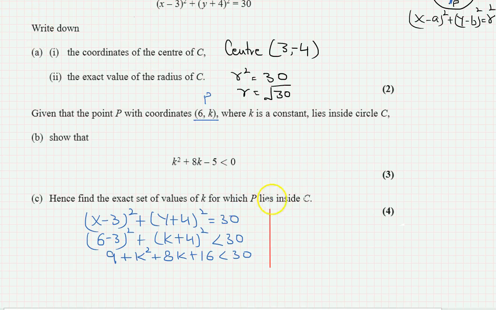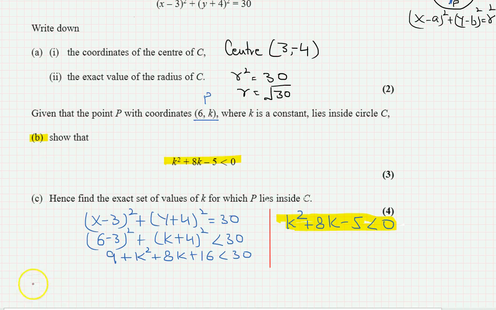So we have k squared plus 8k plus (16 plus 9 is 25, minus 30 is minus 5) is less than 0. So that is what we were supposed to prove for question part B.